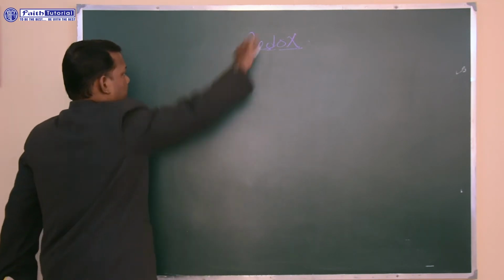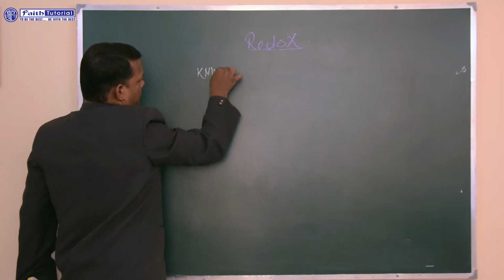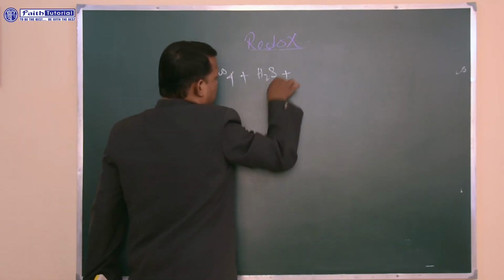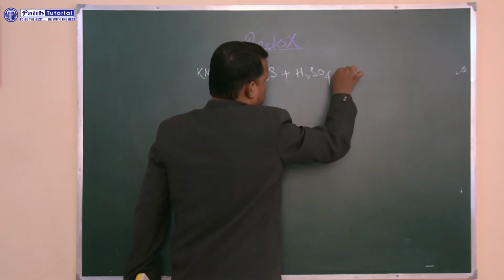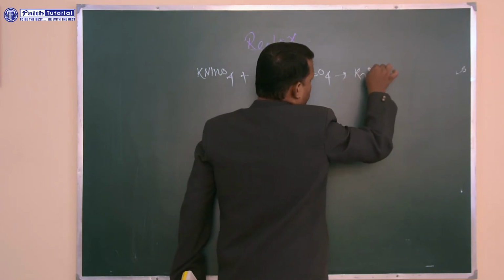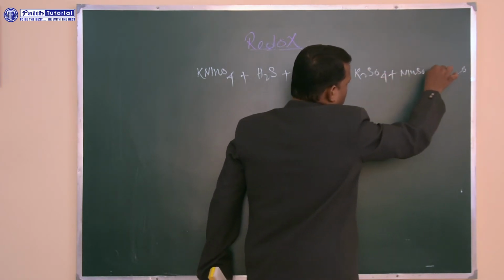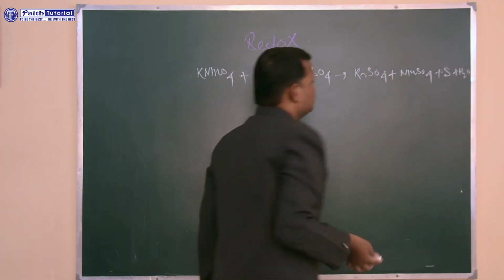Suppose you have this equation: potassium permanganate is reacting with hydrogen sulfide in presence of sulfuric acid, gives potassium sulfate plus manganese sulfate plus sulfur plus water.